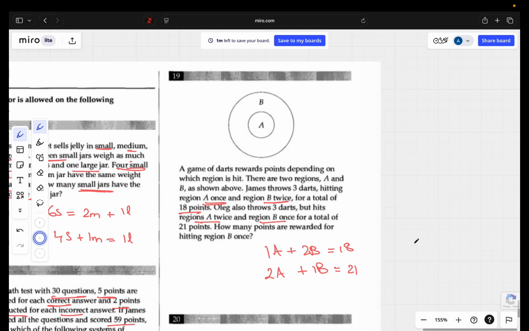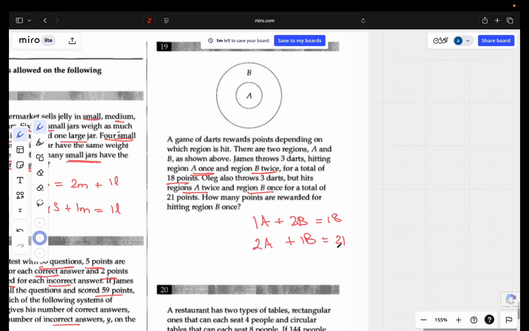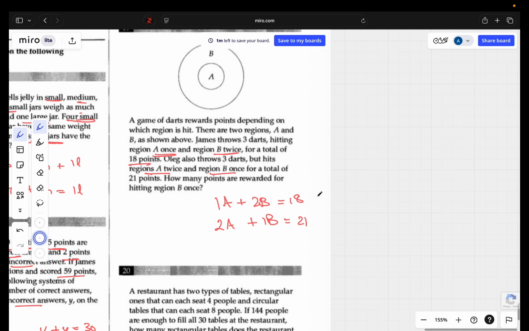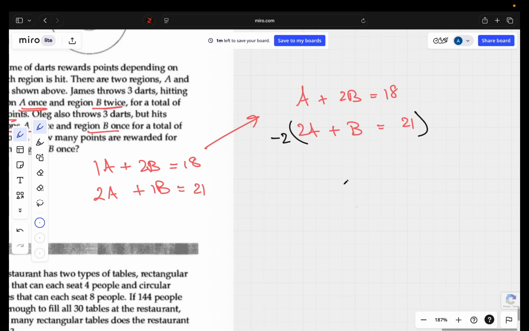You can use Desmos for this as well: x plus 2y is 18, 2x plus y is 21. But in this case I'll just eliminate. So I can say a plus 2b is 18, 2a plus b is 21. I'll multiply the second one by -2 to cancel the b's out.